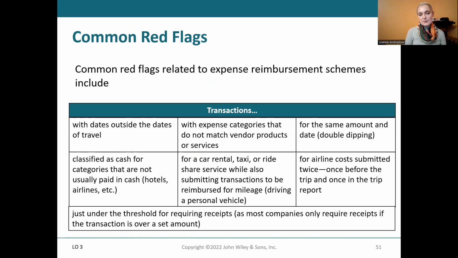Also, expenses classified as cash for categories that are not usually paid in cash, such as hotels, airlines, car rental, taxi, and ride share, while also submitting mileage for your car. Airline costs submitted twice, once before the trip, once after the trip, and just under the threshold of requiring receipts. So organizations might ask for receipts for all purchases.